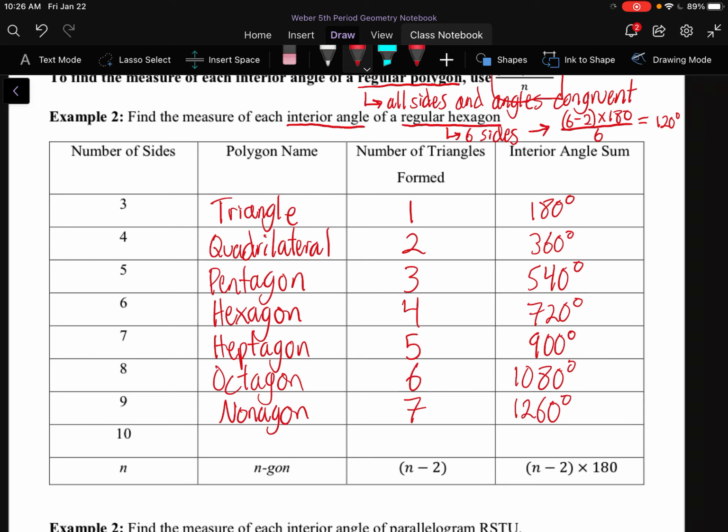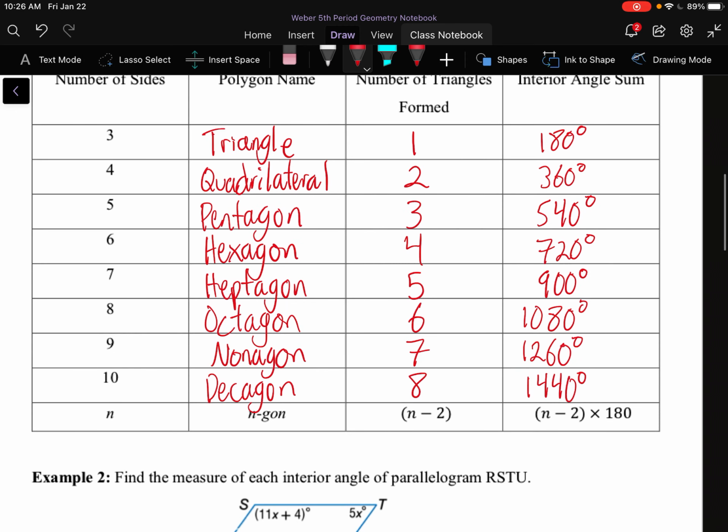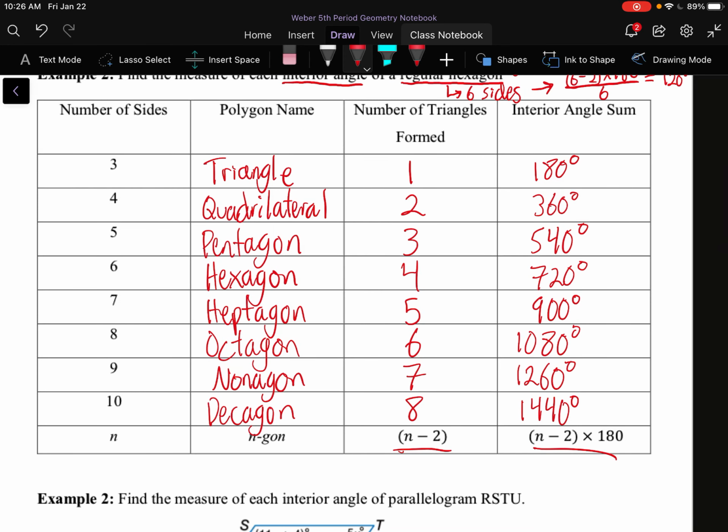And finally, a 10-sided polygon is called a decagon. In a decagon we can form 8 triangles, and the interior angle sum is 1440. And if you notice, if you get a number of sides higher than 10, you can apply these to find the number of triangles formed or the interior angles, where n is the number of sides.